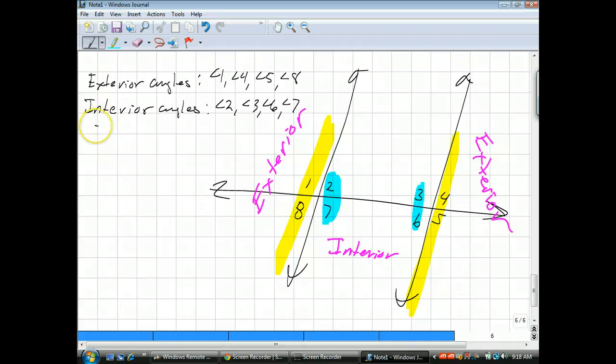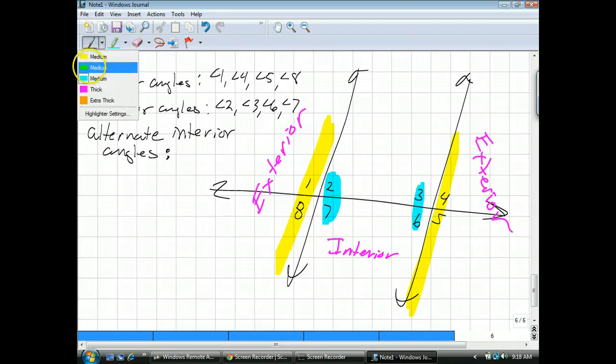Okay, then we even get more specific. We have what are called alternate interior angles. Okay, so alternate interior angles are interior angles, so it has to be one of the angles inside, so either 2, 3, 6, or 7.